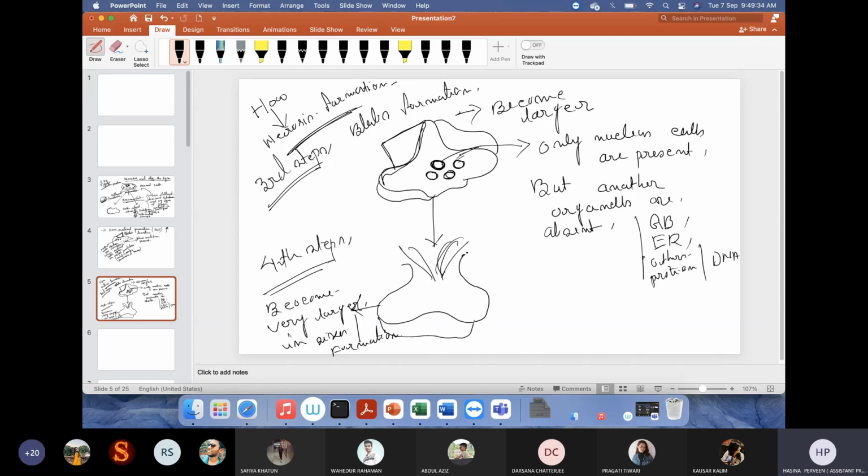That means the nucleus ruptures and comes out from the inside.